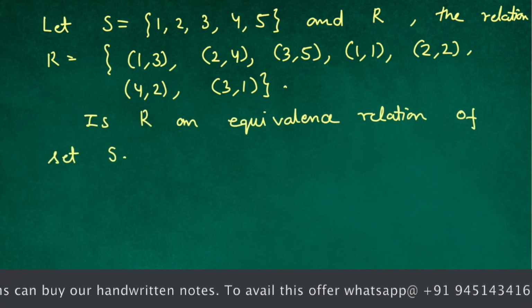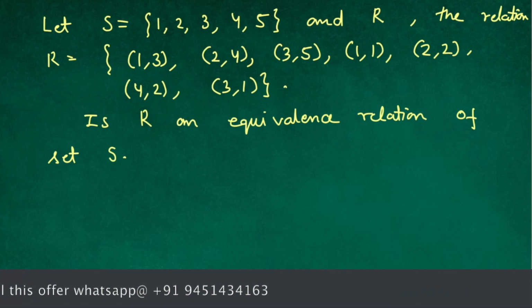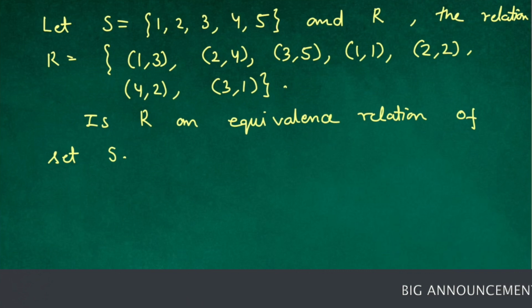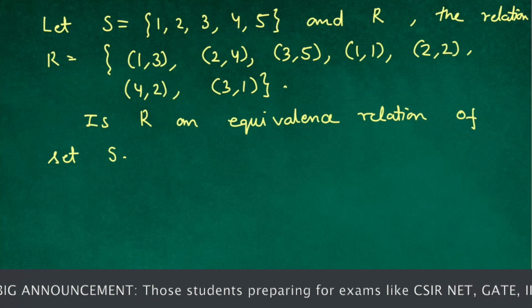So let us first see, is it reflexive relation? After that we'll see, is it symmetric? Then we'll see if it is transitive or not. So first one is reflexive relation. For reflexive relation, every element of set A must relate to itself.